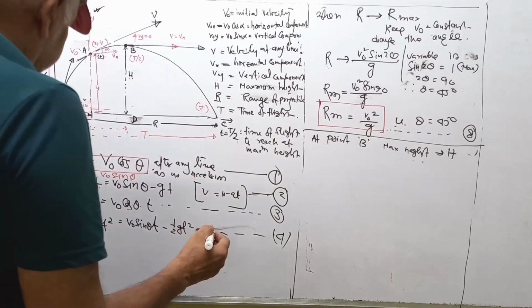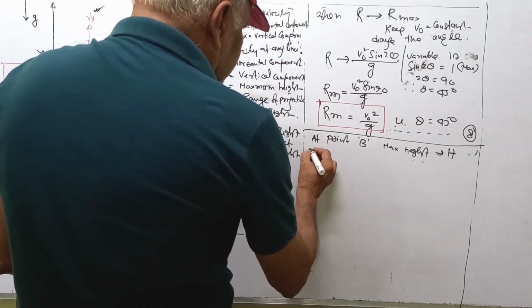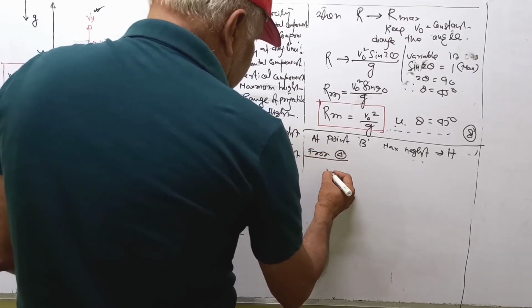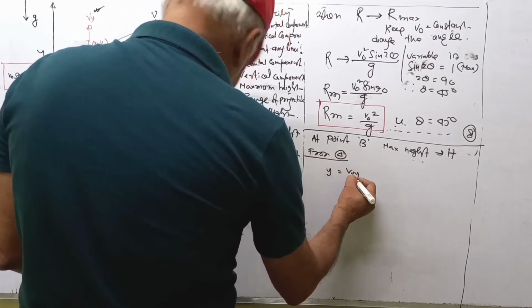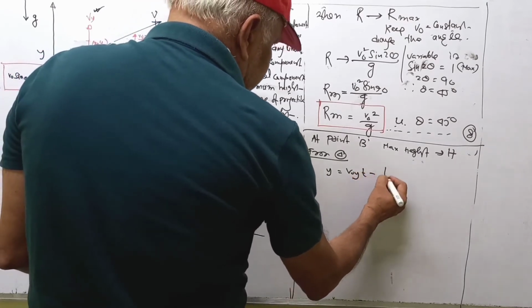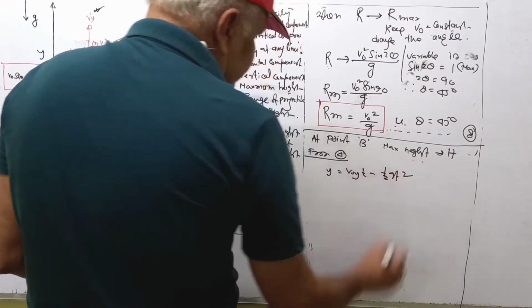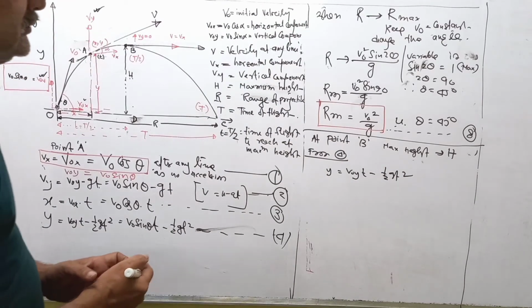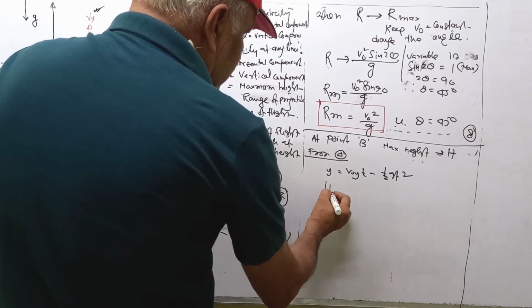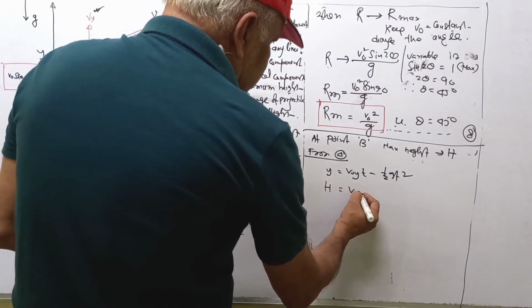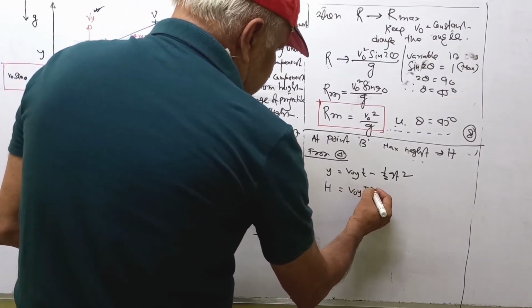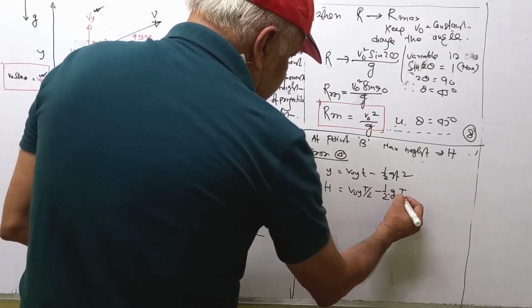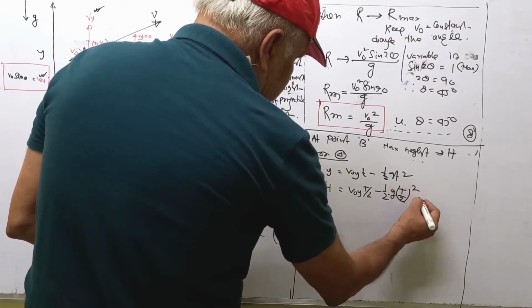We had from 4, y equal to v0y into t minus half g t square. Now y will be h, so h equals v0y into t by 2 minus half g into t by 2 whole square.